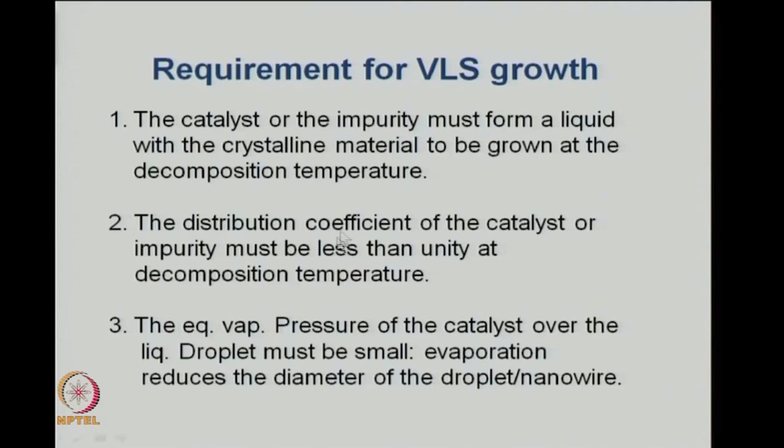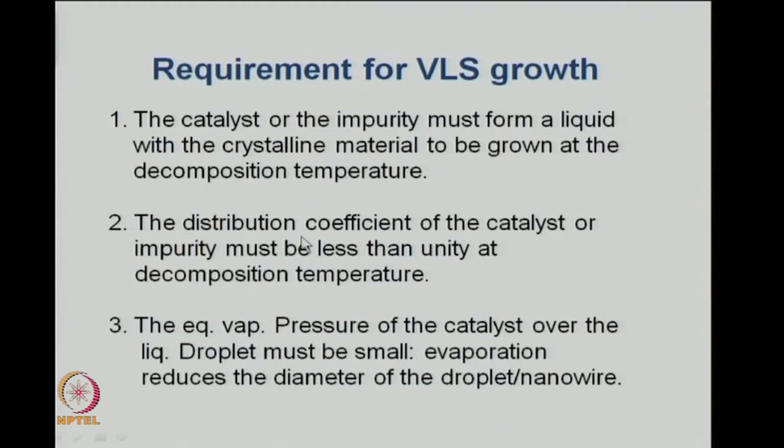The requirements for vapor liquid solid growth: the catalyst or the impurity must form a liquid with the crystalline material to be grown at the decomposition temperature. This is an important point, it has to be obeyed if you want to grow using the vapor liquid solid method.